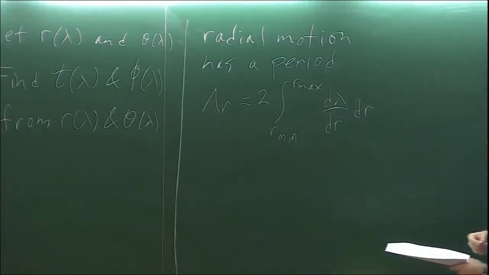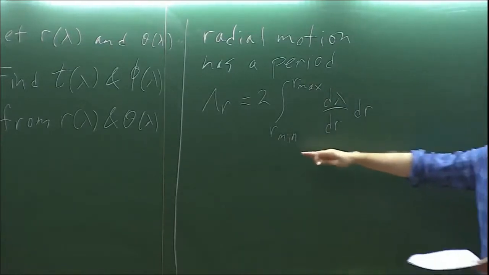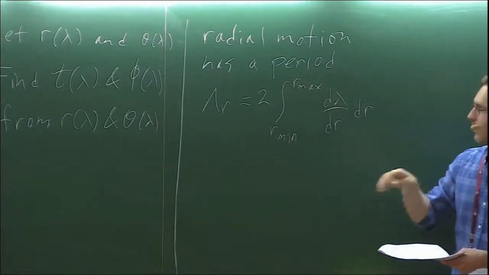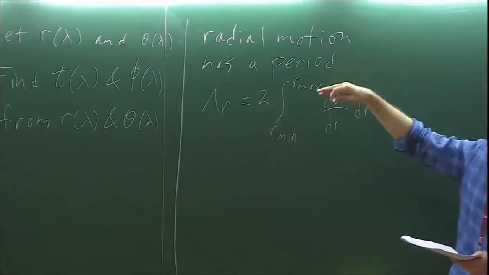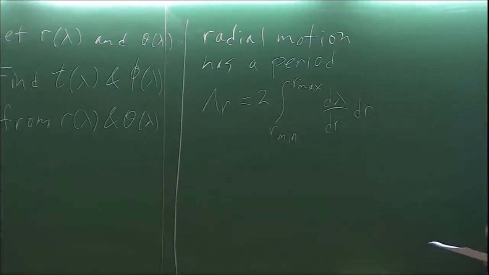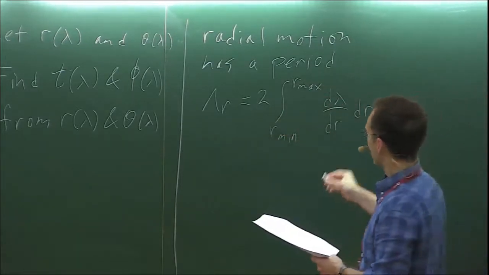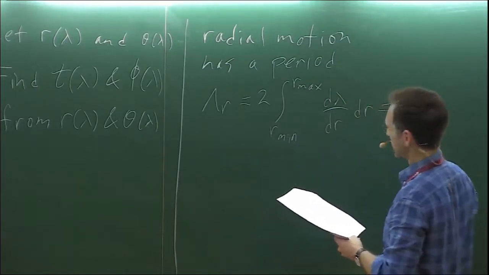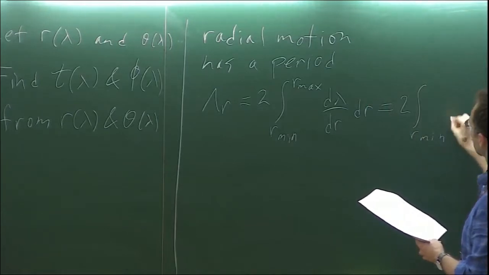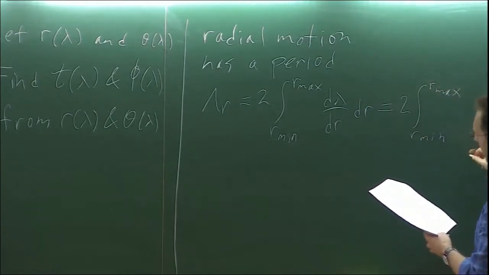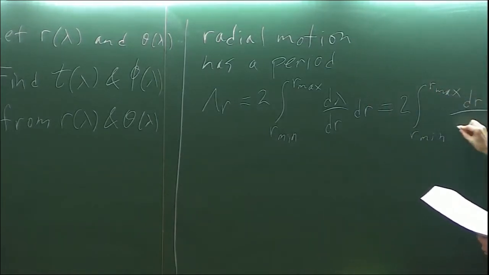So you go from a minimum to a maximum, you calculate the amount of time in lambda that takes, and then you double it to go back from the maximum to the minimum. And this is 2 times the integral from r min to r max of dr over square root of Vr.